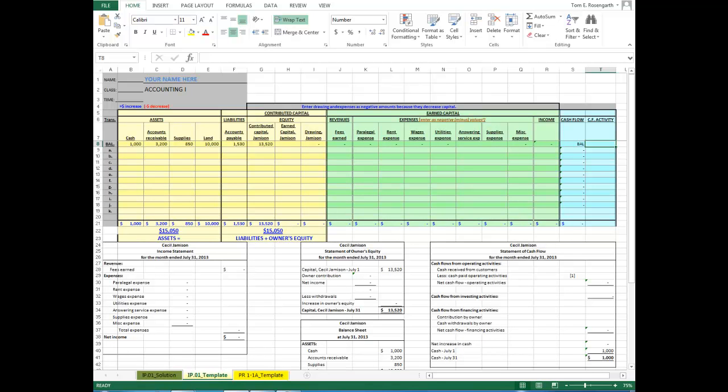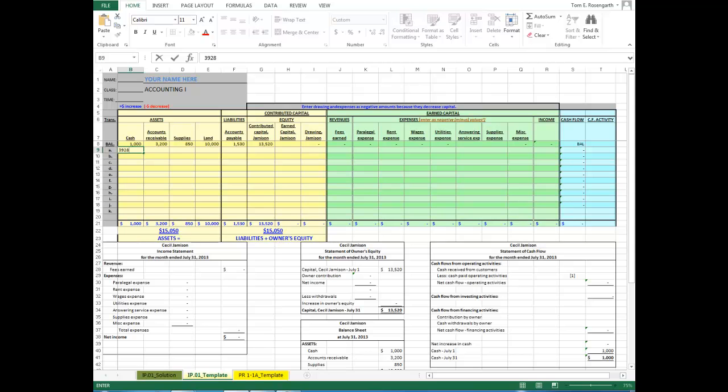The first transaction: Cecil Jameson, attorney at law, received cash from clients of $3,928. Cash is an asset, and we will show an increase in cash by adding $3,928 to cash.